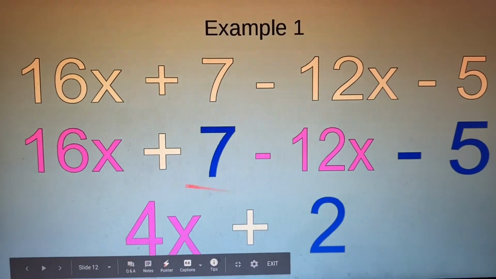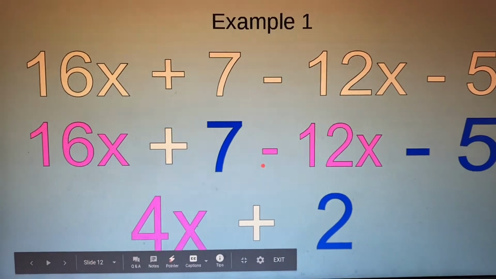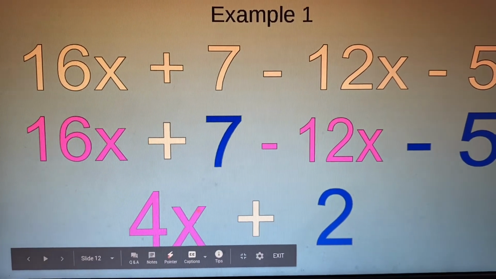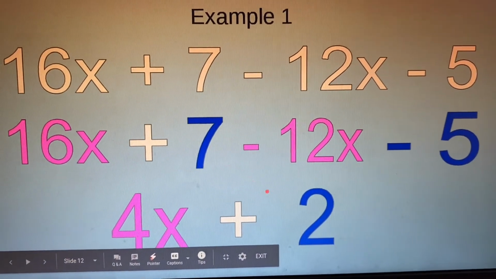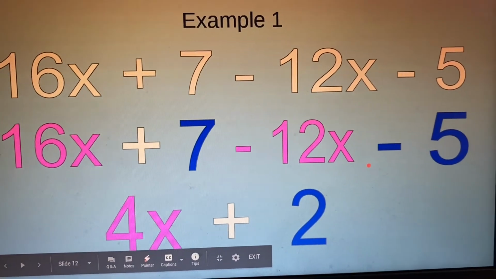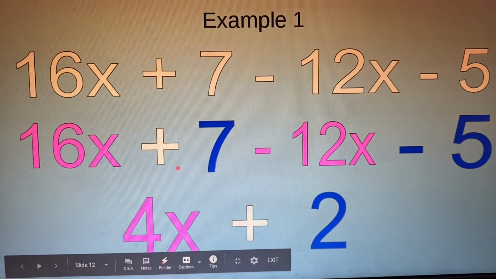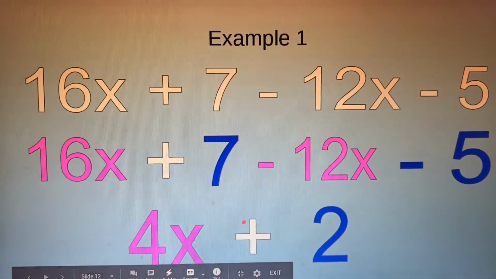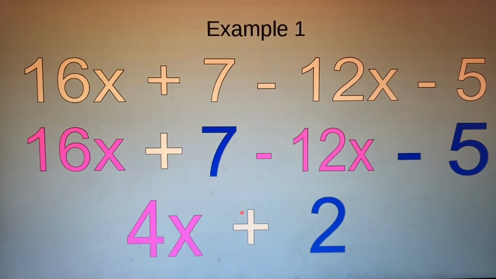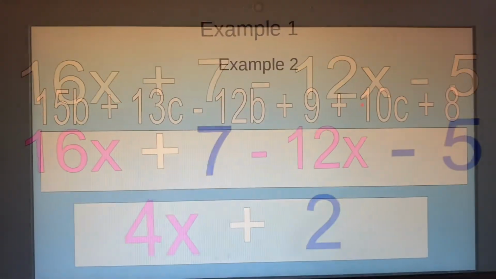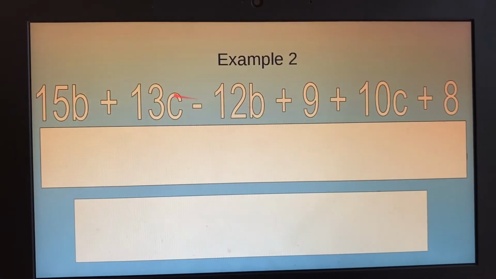Finally, we see that 16x minus 12x equals 4x. That is also in pink. We know that 7 minus 5 is 2. That is in blue. The leftover addition sign will just be brought down, making the simplest form of this expression 4x plus 2.